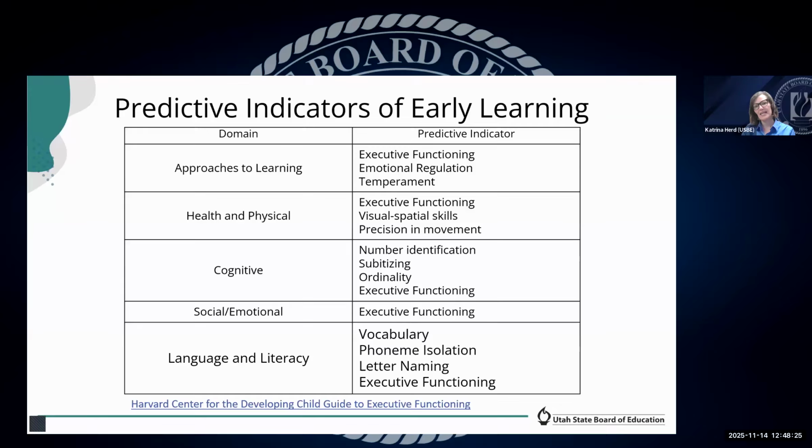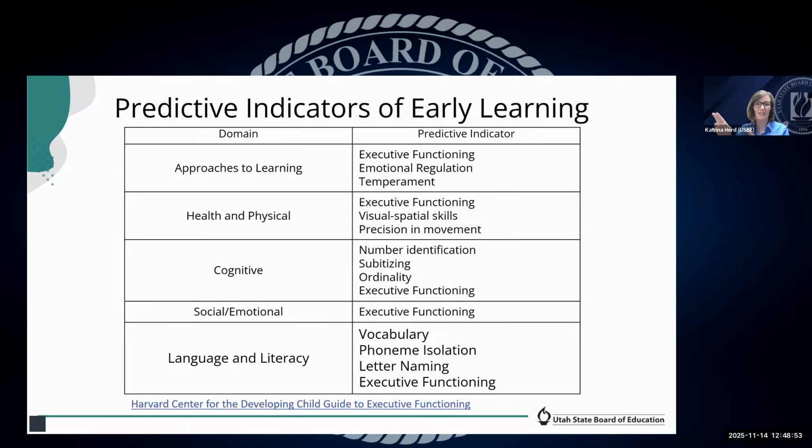So again, from Letters EC, we've got these predictive indicators of early learning. When we want a child to develop in the learning domains on the left side of this chart, we are measuring these predictive indicators. So I want to know if I'm meeting a child's needs in the health and physical domain.